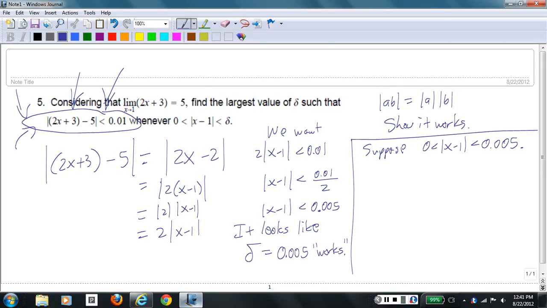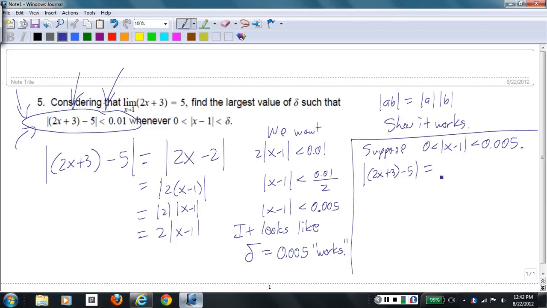So let's show it by beginning with the expression and then demonstrating that in fact this is less than 0.01. So I don't want a less than sign there, sorry. I apologize if you're using pen. I want an equal sign there.